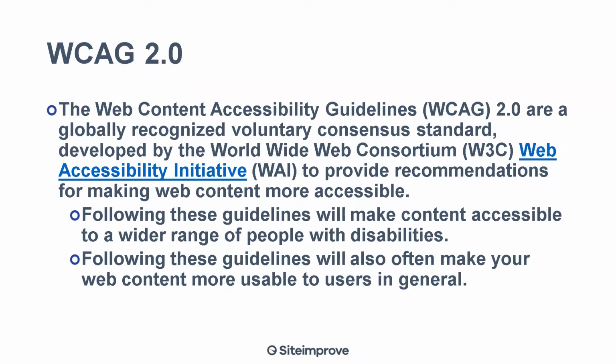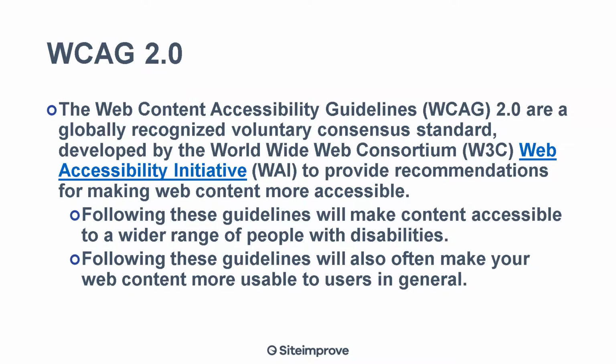Now, when we talk about 2.0 today, basically we're still talking about 2.1 because they didn't take anything away from 2.0, but they added a few things for people with visual impairments and cognitive impairments into 2.1.